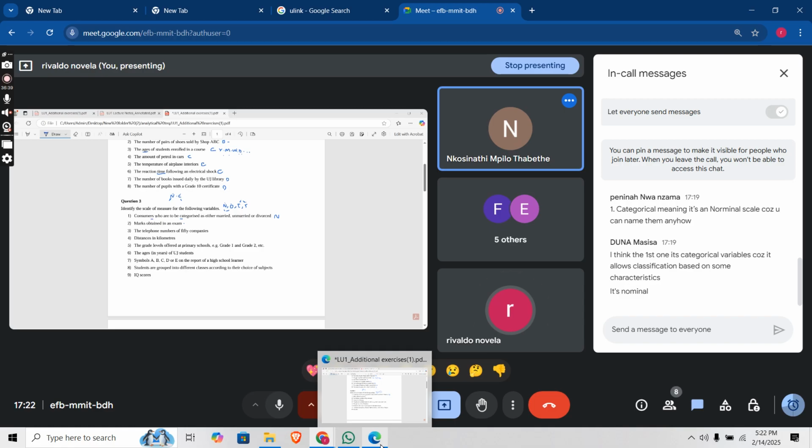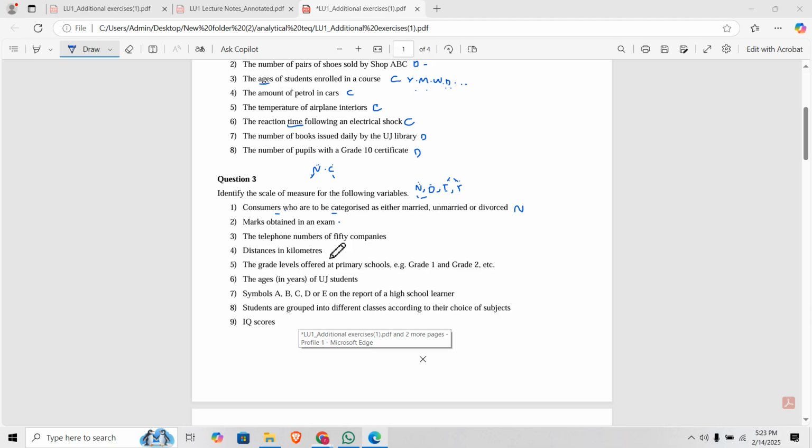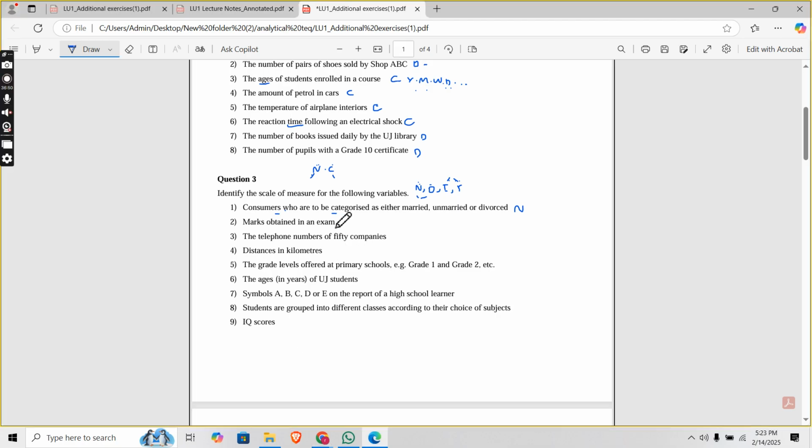If somebody has 20 marks, it means that that person has twice as much as 10 marks. So ratios are meaningful. 100% correct. Everything you said is correct. There's nothing incorrect. So we use the ratio scale for the reasons he said.